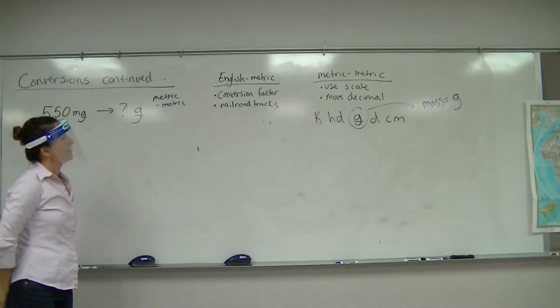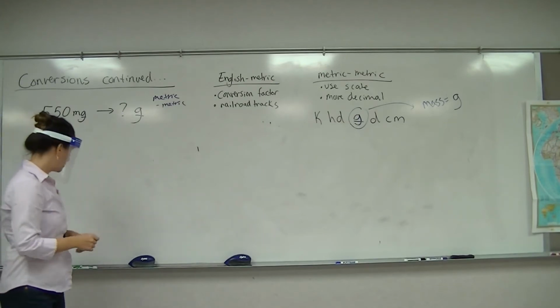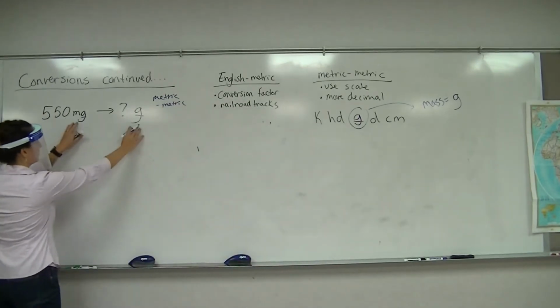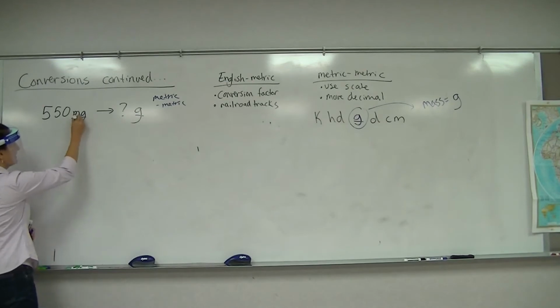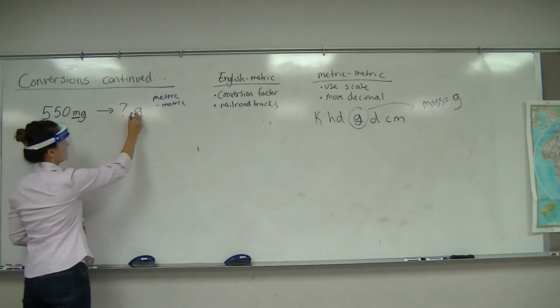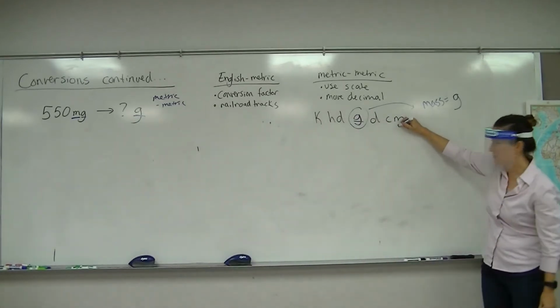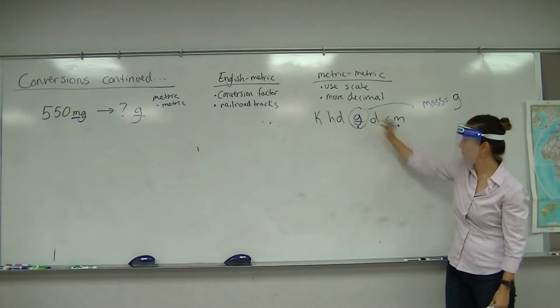So now we can use it. It's all ready to be put to use. How do we use it? We're going to see what prefixes we need to go between. We said milli, so milligram, and we're going to grams. What that means is we're going to start at the M, the milli, and go to the G, grams.